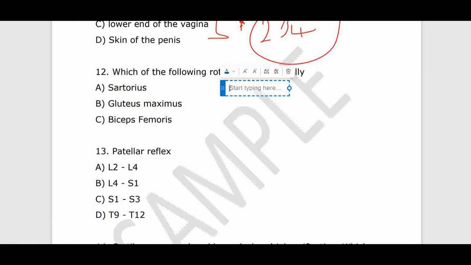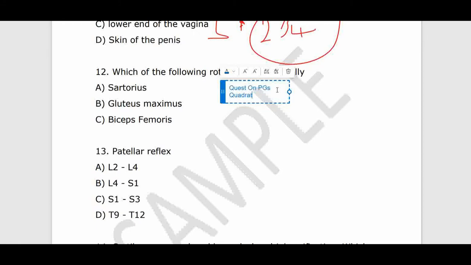So the way I look at it, this is me trying to find an unhealthy mnemonic, I'll call it that, to solve this question. So that would be quadratus lumborum, I say quadratus lumborum, quadratus femoris.